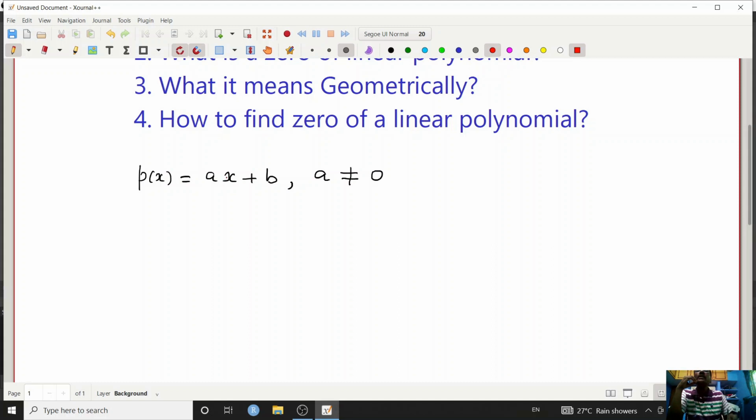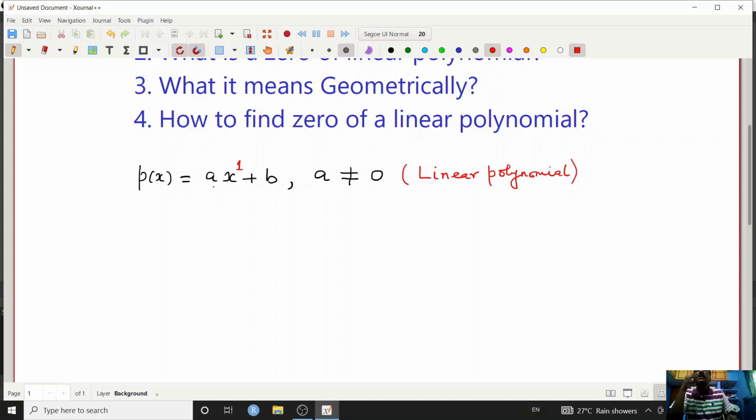Why do we say that it is a linear polynomial? Because the power of x is 1. So this is the general form of a linear polynomial. The highest degree term has power 1, therefore it is a linear polynomial.